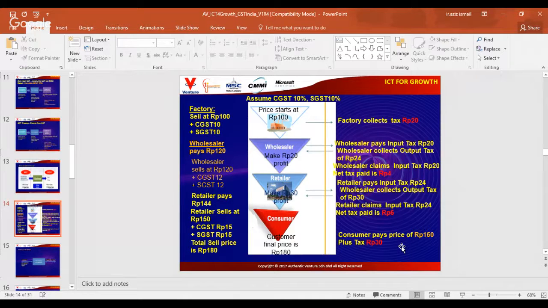So the net GST is actually only the GST for the value add during your stage. I mean, you don't charge GST on top of GST. So if you go through that list, you will see that because you can claim back, the GST is only for the value added services at your stage.